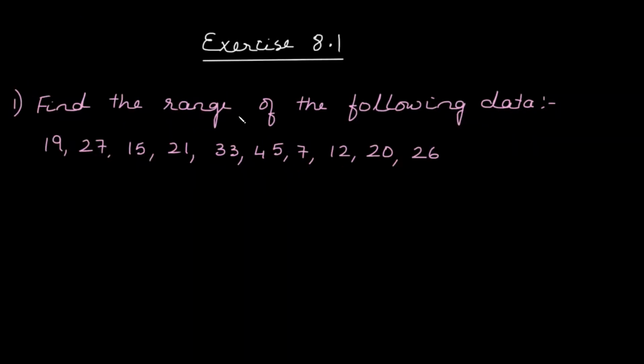So using the formula which we learned for range, we are going to try exercise 8.1 now. The first question, find the range of the following data. The data values are given over here.